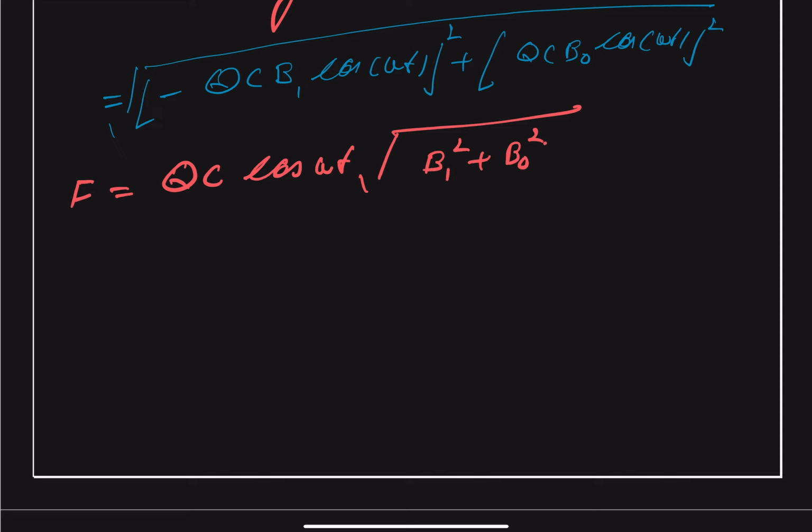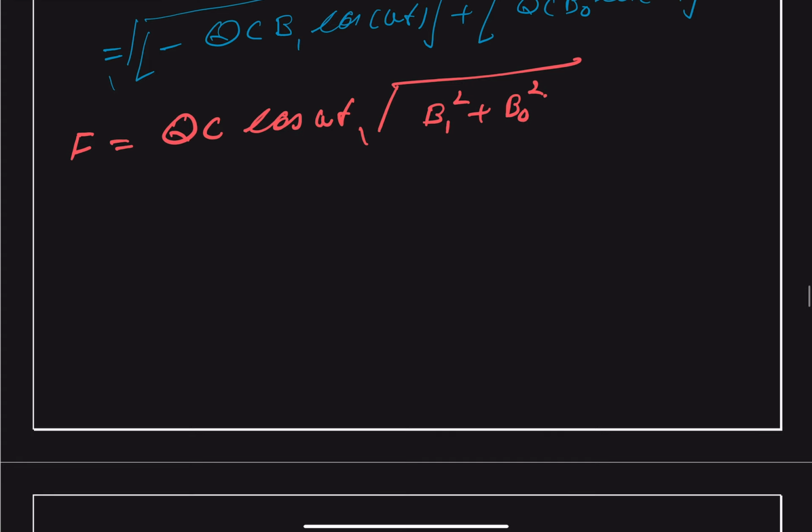So obviously the RMS value of F, that is our force, will be equal to F max divided by square root of 2.